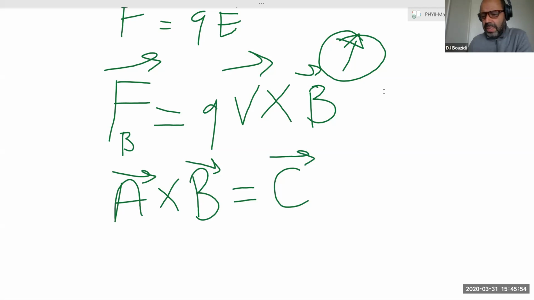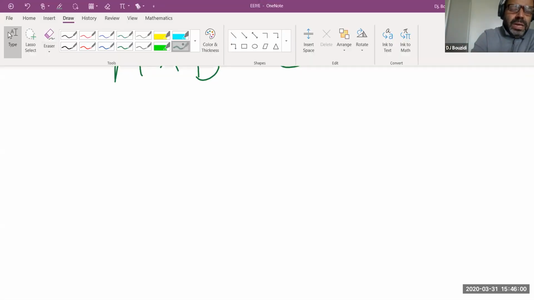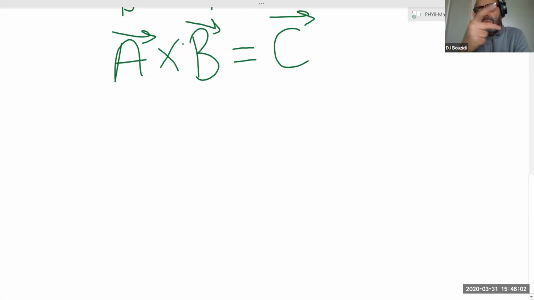The cross product is given by a big matrix. The vectors are in 3D, and it has to work in 3D. This cannot work in 2D, because you cannot do a cross product in 2D at all. And it doesn't work in 4D either, because in 4D you would have a direction that is complete nonsense.